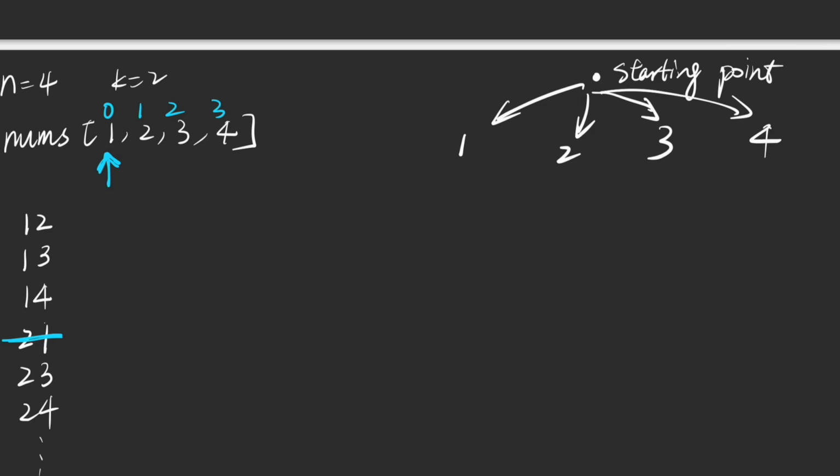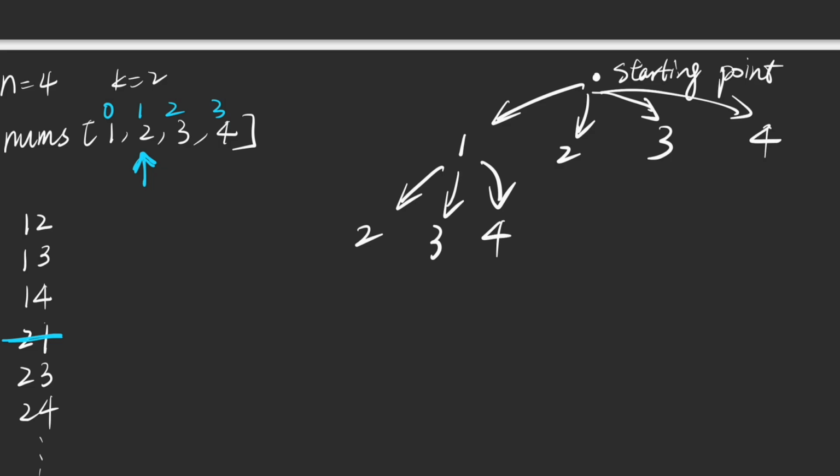And for the 1, the next one we can only pick from the next positions, like 2 3 4. This is the index I'm thinking from the numbers.